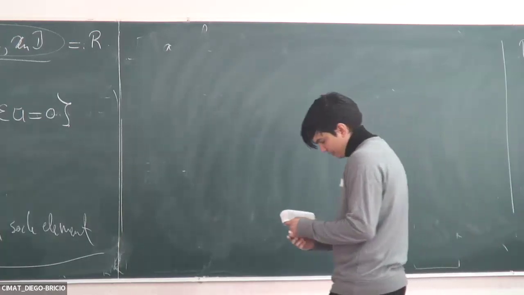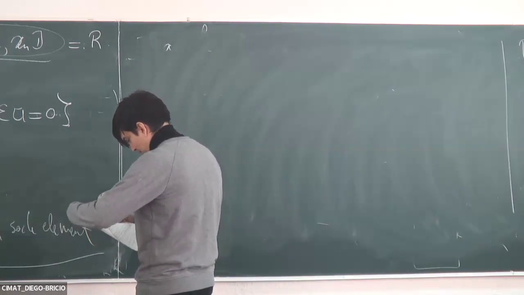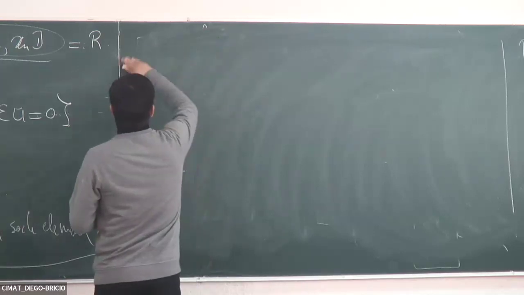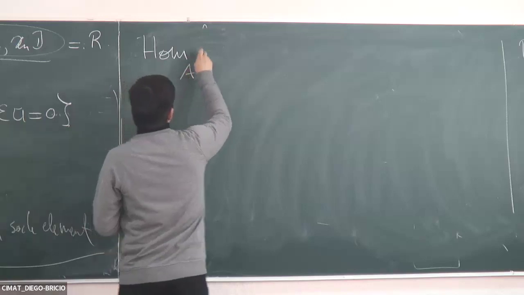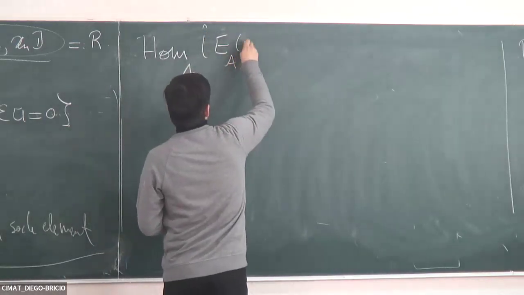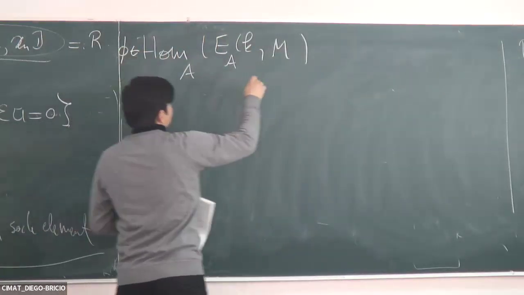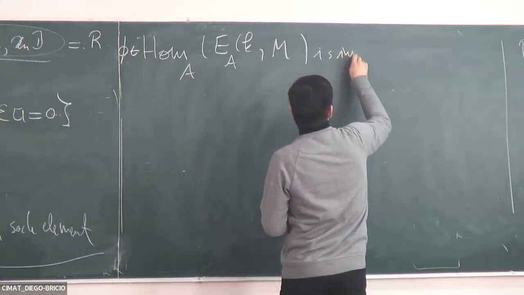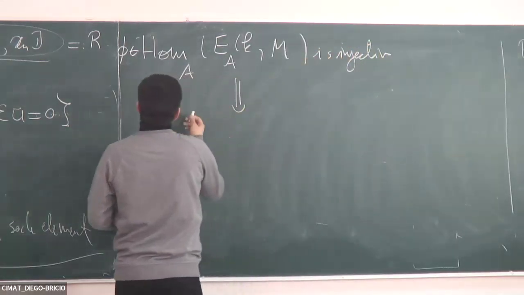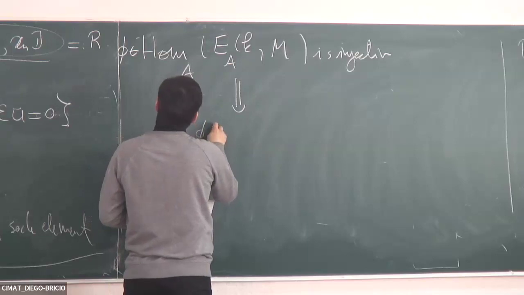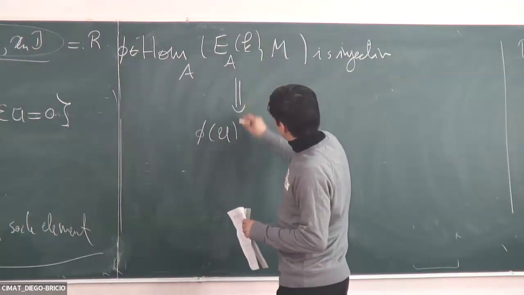Here's an exercise. One more thing about them is that if you have a map from E to any other module, let's call it Phi, and this map is injective, then Phi of U, the socle element, has to be non-zero. So U, which is inside E as a socle element, is non-zero.